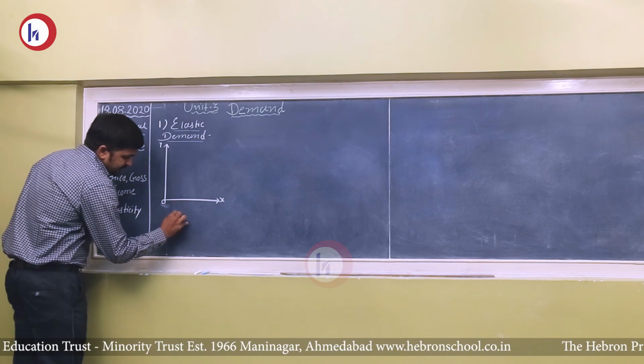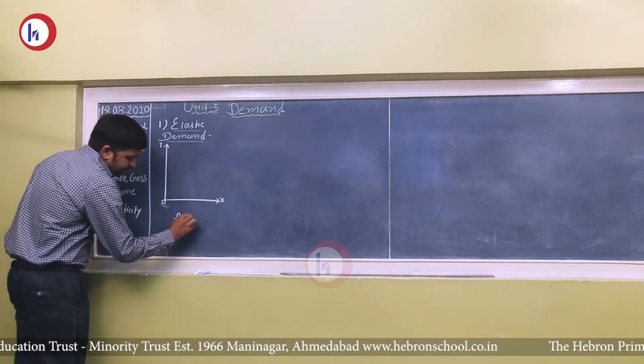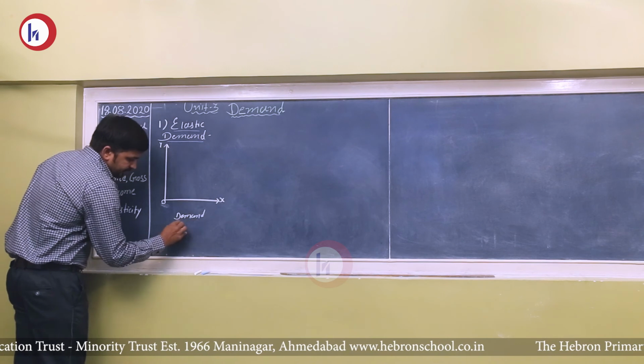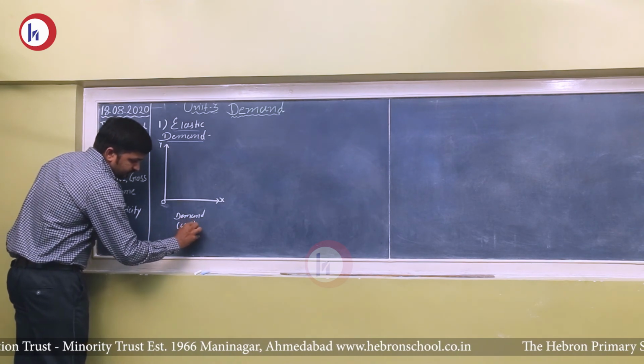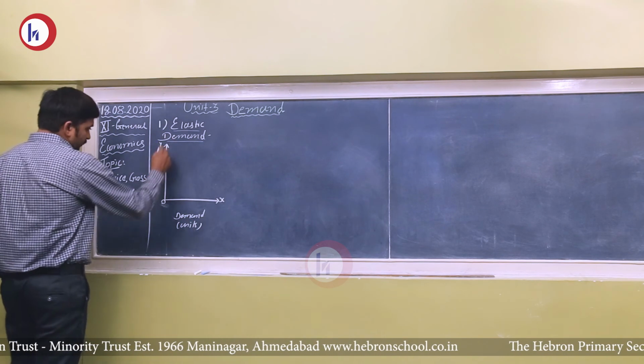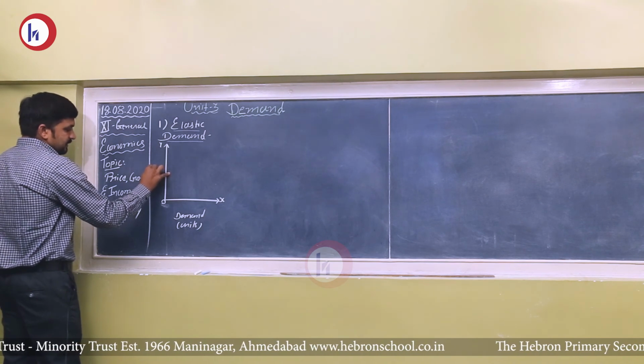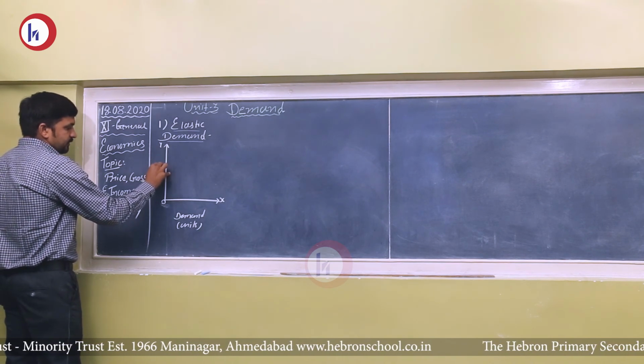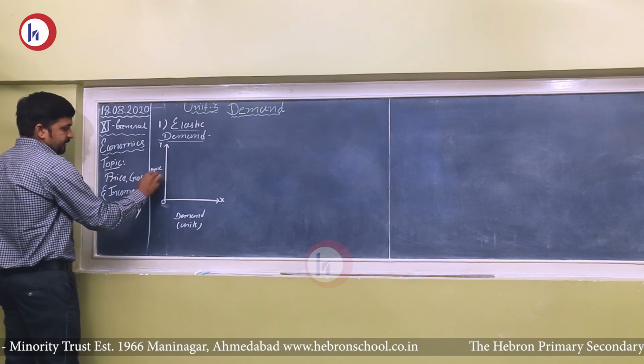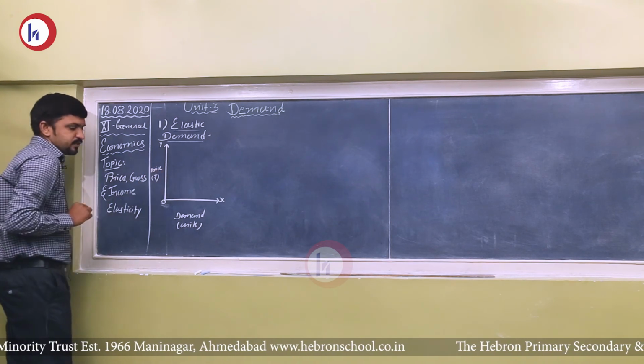So, on x-axis, let me note down demand, into bracket you can write units, and on y-axis let me record price, into bracket you can write rupees.